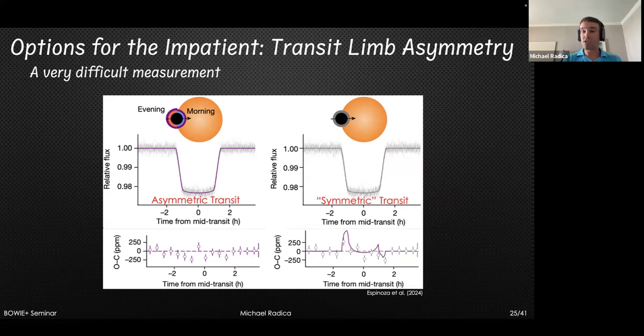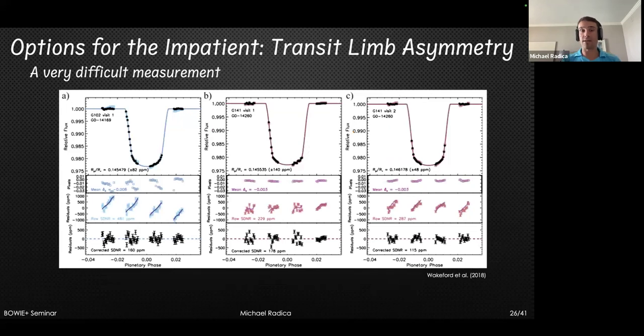But the fact that these residuals are very similar between the asymmetric and symmetric transit, and also quite small, is one of the main reasons why these techniques and these sorts of transit asymmetries were really beyond the capabilities of HST.